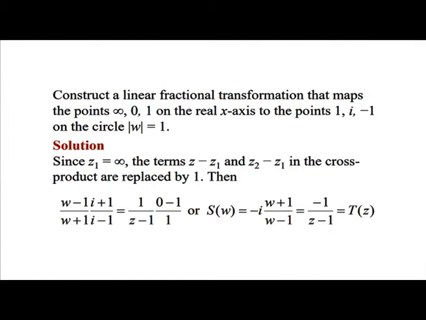So, the cross ratio preservation equation reduces to (w minus 1)/(w plus 1) into (i plus 1)/(i minus 1) is equal to 1/(z minus 1) into (0 minus 1)/1, or S of w is equal to minus i into (w plus 1)/(w minus 1), which is equal to minus 1/(z minus 1), which is your T of z.